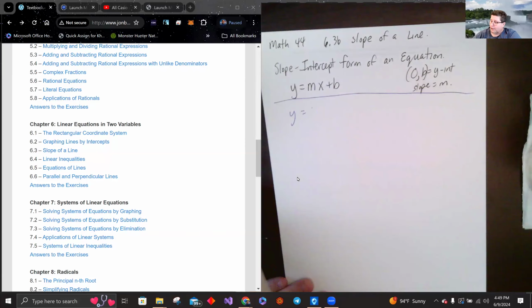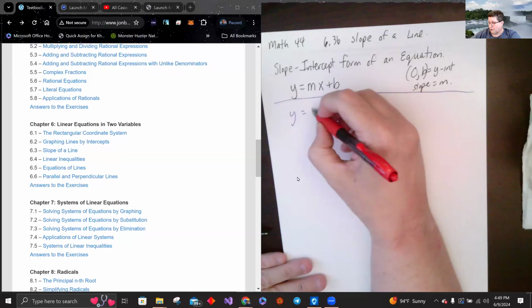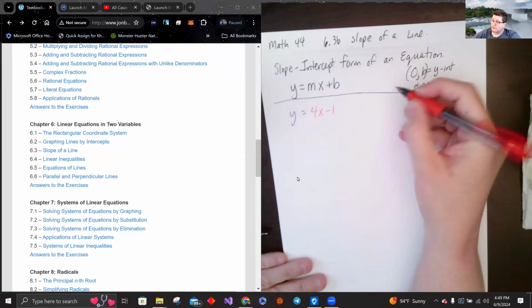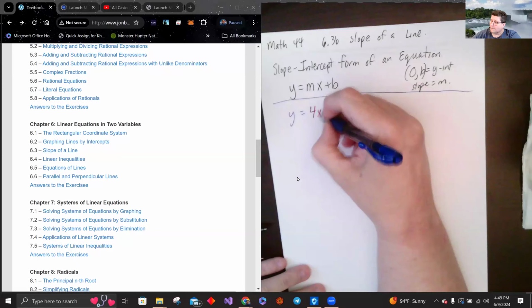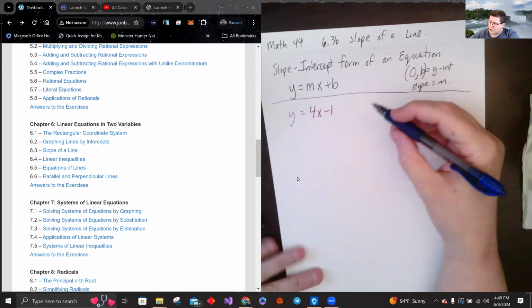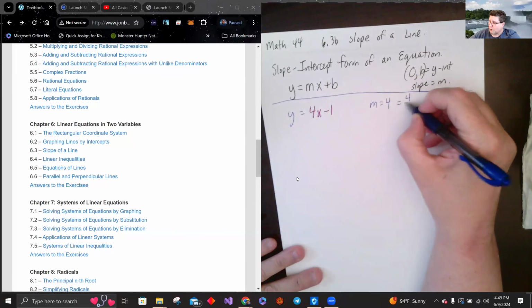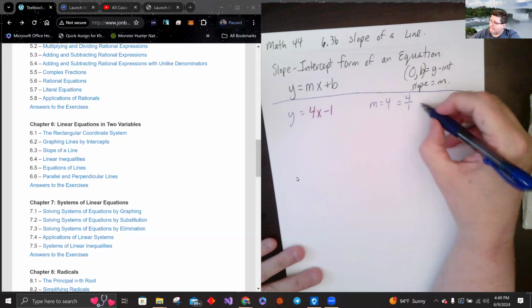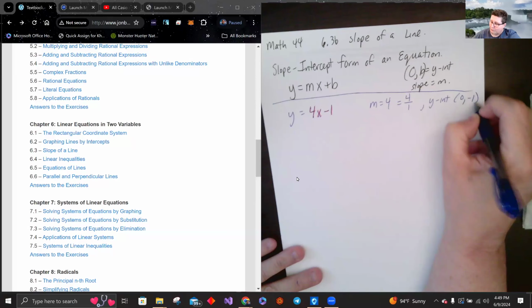Let me change it up. We're going to do y equals 4x minus 1. So the slope here is 4, which is 4 over 1. My y-intercept is 0 comma negative 1.